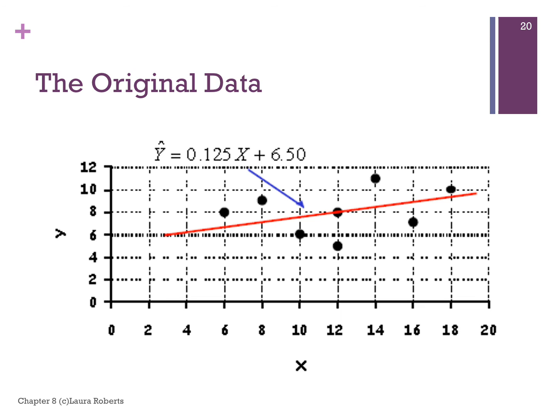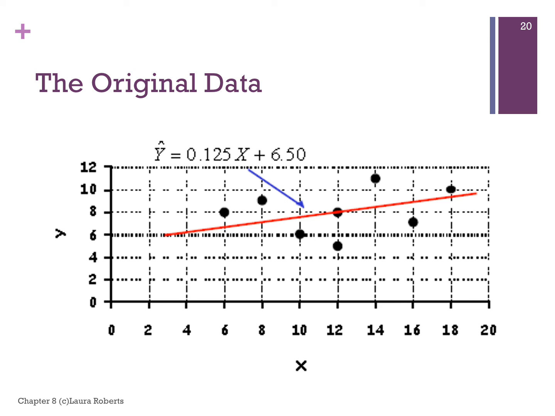Here's a graph with data points and a red regression line and an equation for y hat, which is 0.125 times x plus 6.5. You can double check for yourself that all the x values along the horizontal axis convert to the corresponding y values on the regression line when we apply the equation.